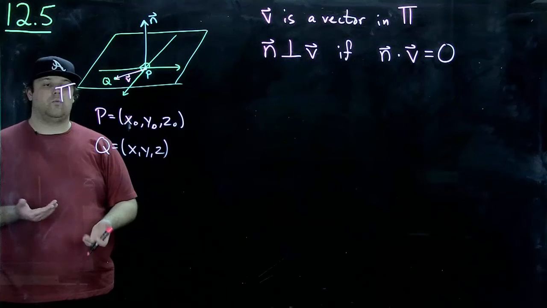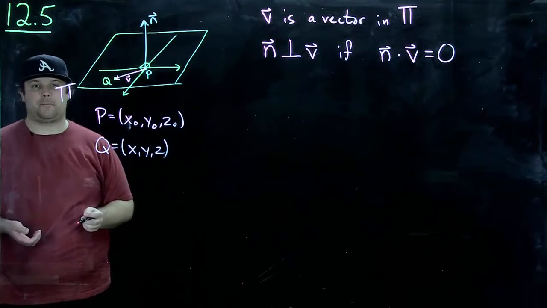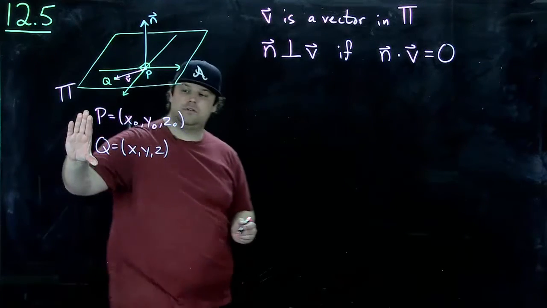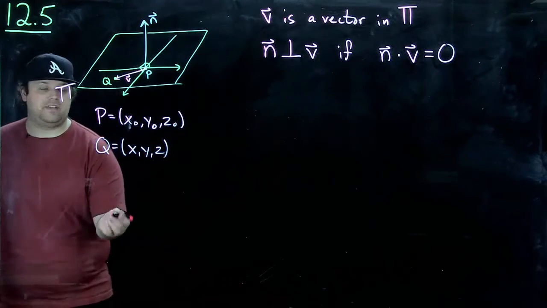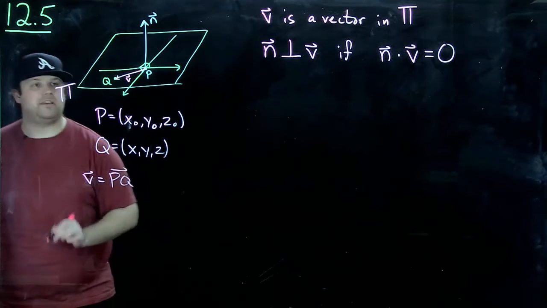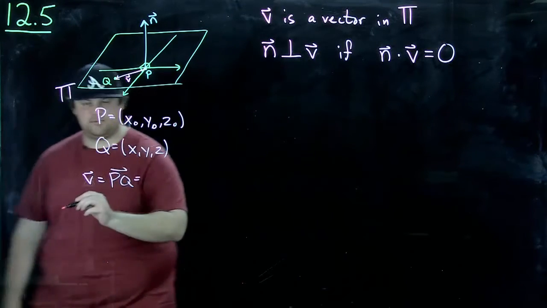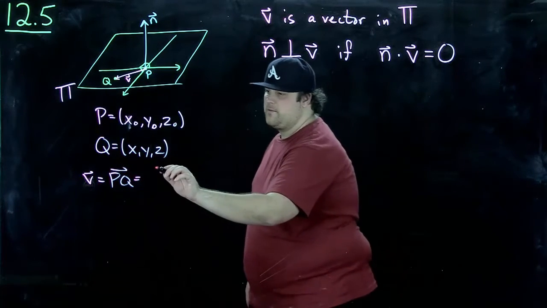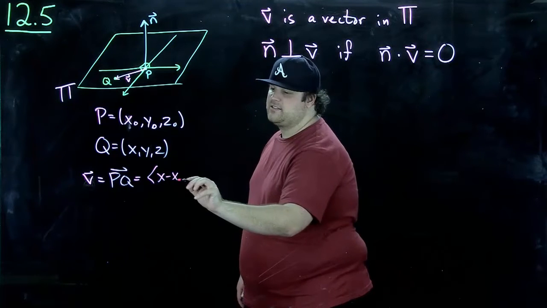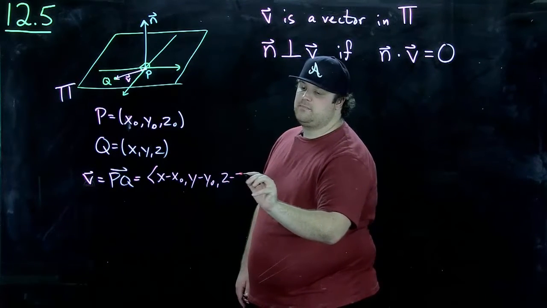And what x, y, and z can be will be restricted by this equation over here. So the vector v, which is the displacement vector PQ, is given by x minus x naught, y minus y naught, z minus z naught.